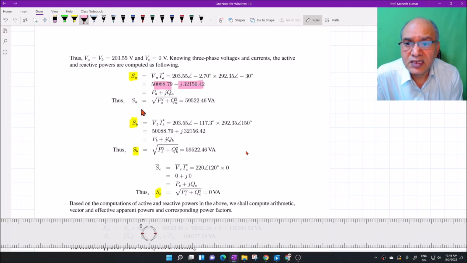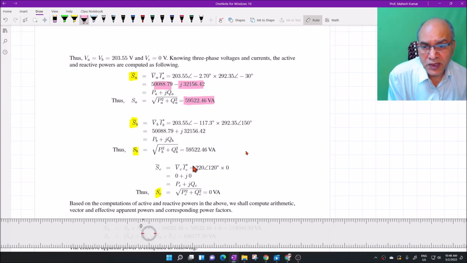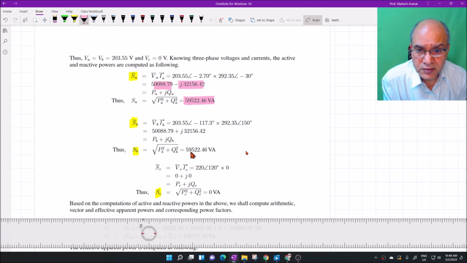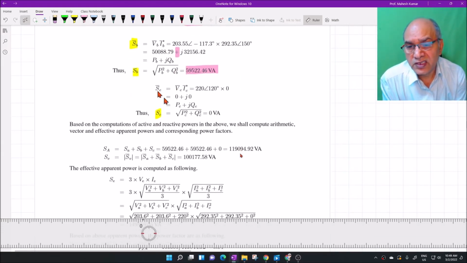And from that, SA is the mod of this, that is, the value is 59,522.46 volt amperes. Similarly, SB can be found, and the value of SB is the same. The only difference is here it is plus j, there it is minus j. Okay, and the value of SC is 0.